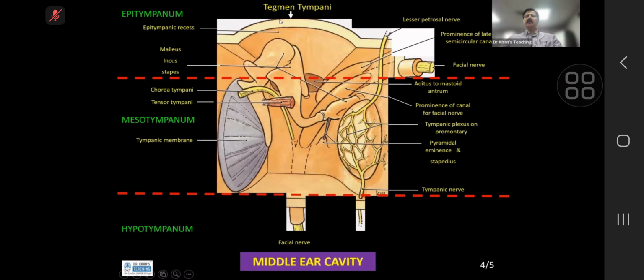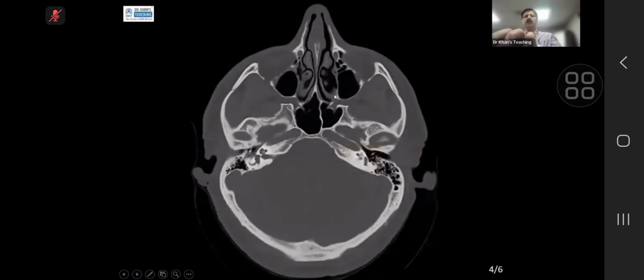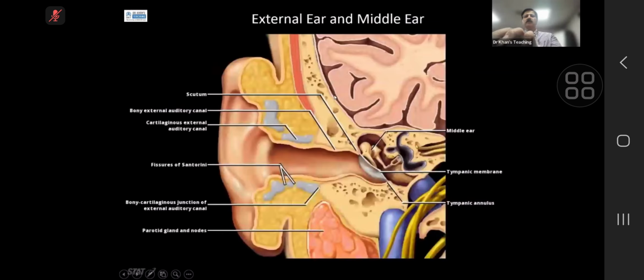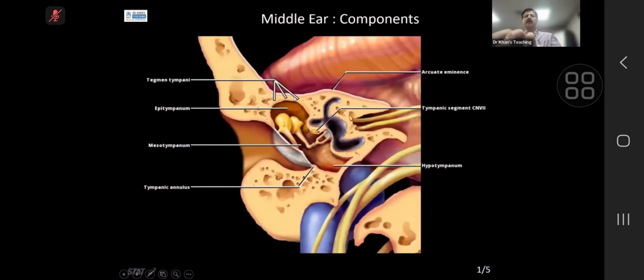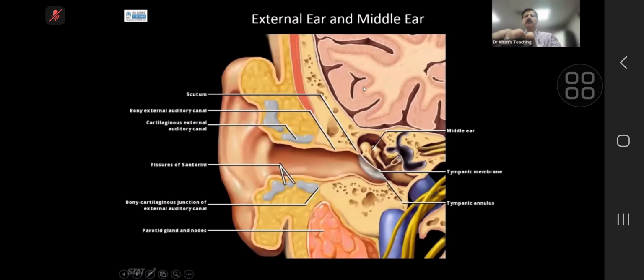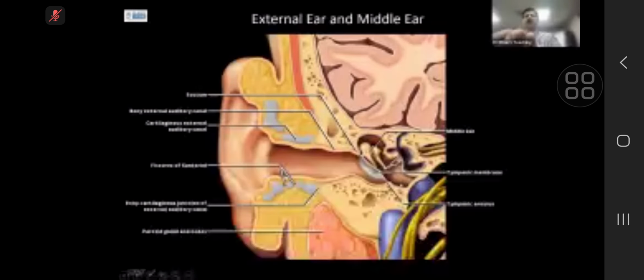Superiorly is the tegmen tympani, and then the brain. You see this thing? So this is tegmen tympani, brain there. Inferiorly, jugular foramen. Lateral, external ear. Medial is the internal ear.